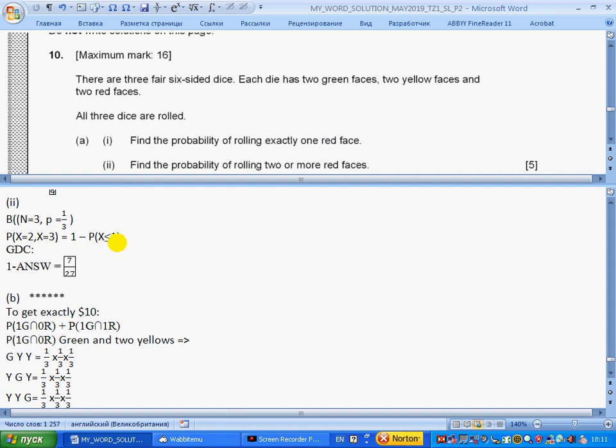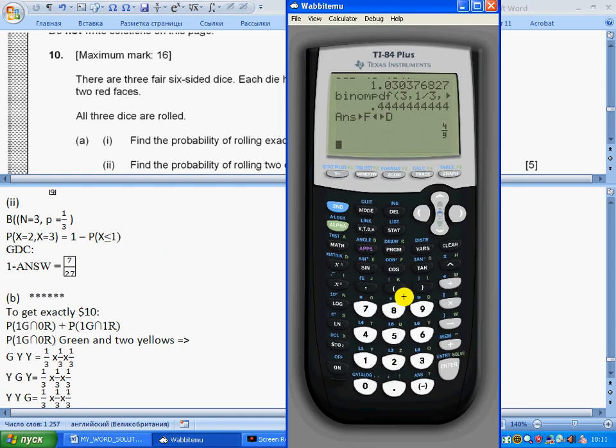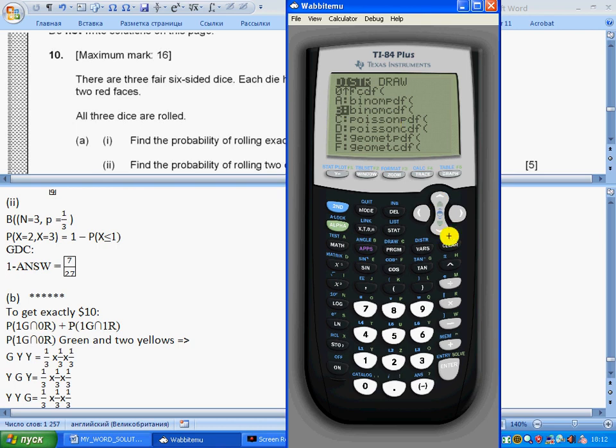is red. And using calculator, let's go to calculator. So again, second distribution. This time we need cumulative CDF. Number of trials is 3. Probability of success is 1 over 3.